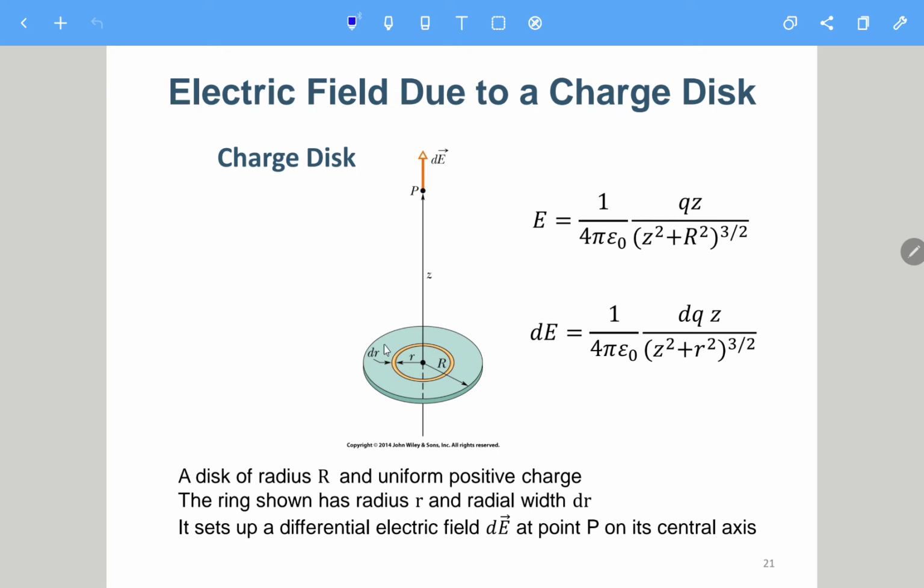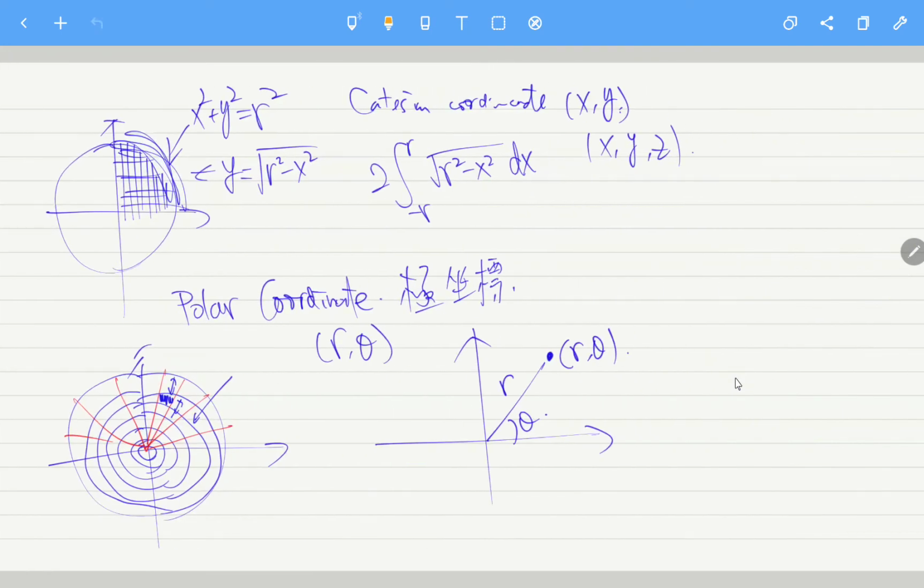Now we replace this q with dq, and this E with dE. We also make r a small r, because we need to integrate this small r from 0 to capital R. So we make these three tiny changes, nothing special here.